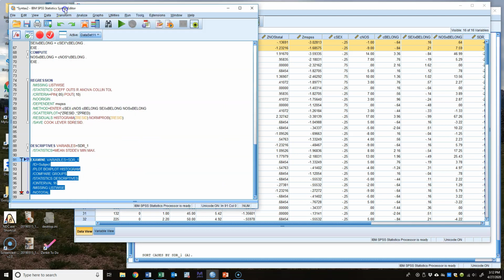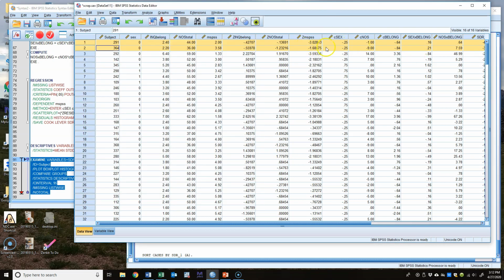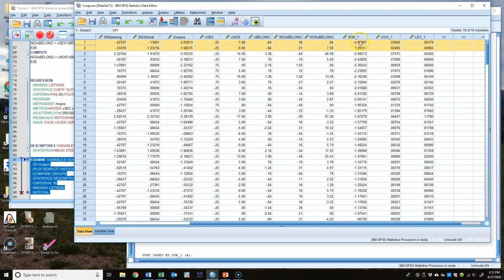So again, 291 and 364, and these negative residuals suggest that the predicted value based on the model is a lot larger than the observed value.